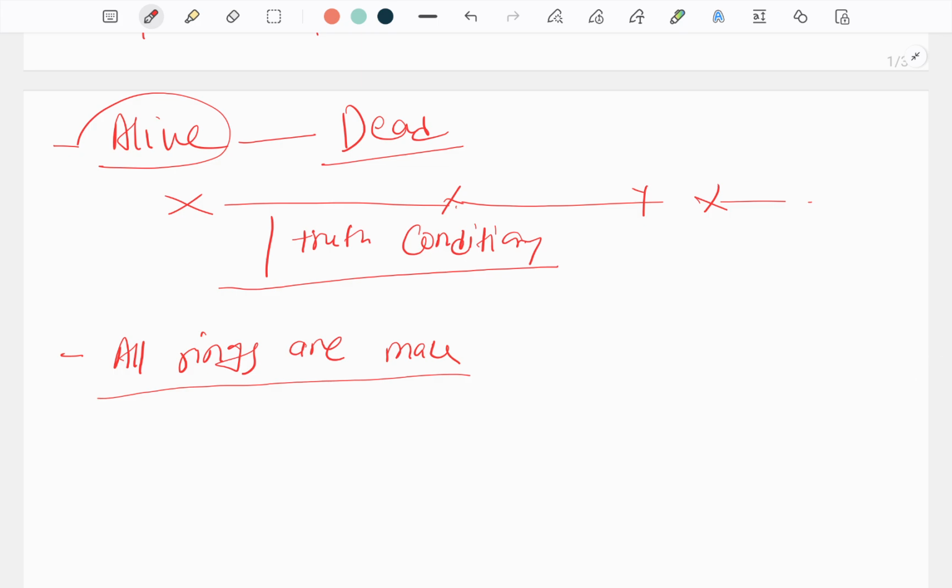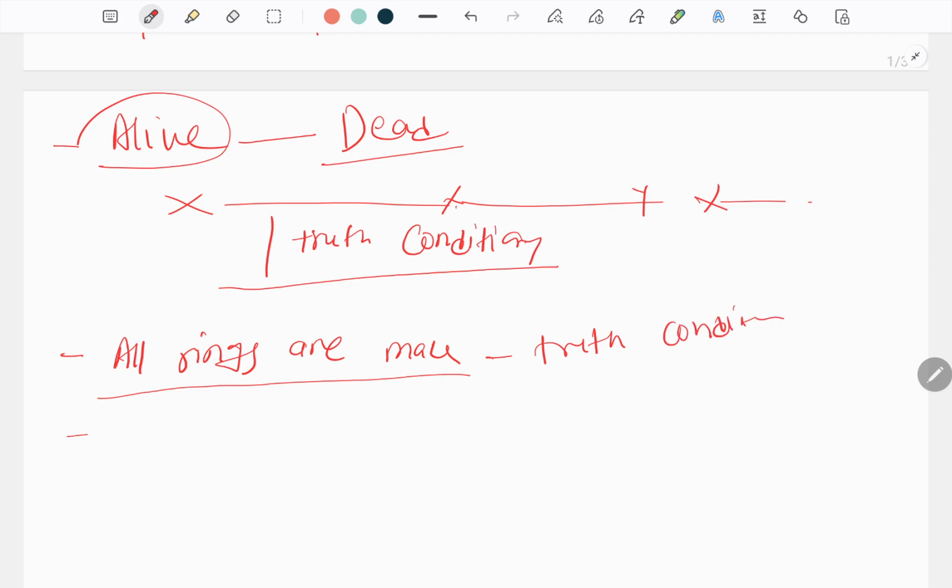It means that whatever rings there are, all rings are male. It means that a ring is only for males. But if I say this, this is the truth condition.